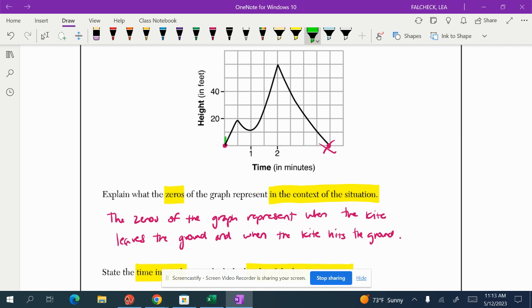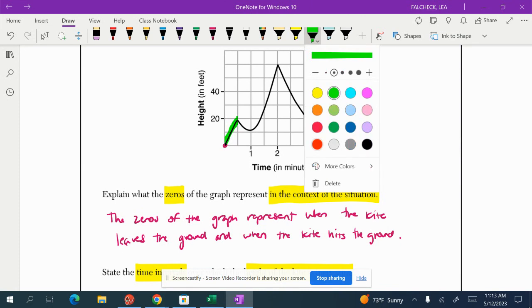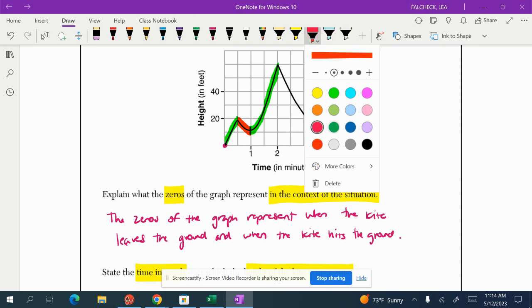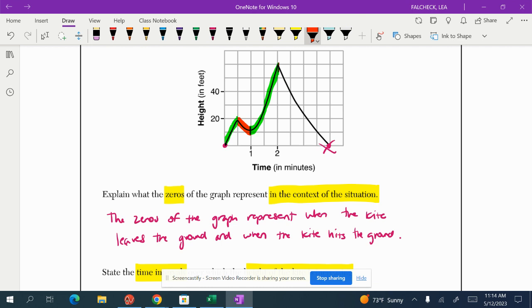So a little man would be walking uphill until he gets to here. And then when he got there, he would be walking downhill for a minute. So I'm going to model that downhill motion with red. Then he's going to get to 1 and he's going to be walking uphill again. He's walking uphill, uphill, uphill, uphill, uphill, uphill until he gets to the tippy top or the maximum. And then he would be walking downhill, right?